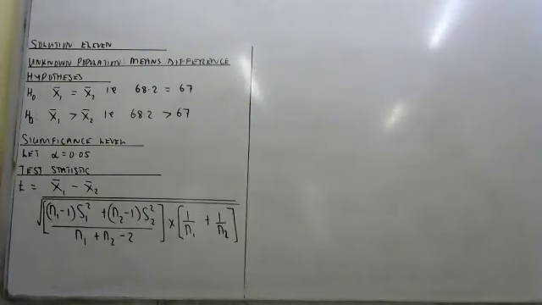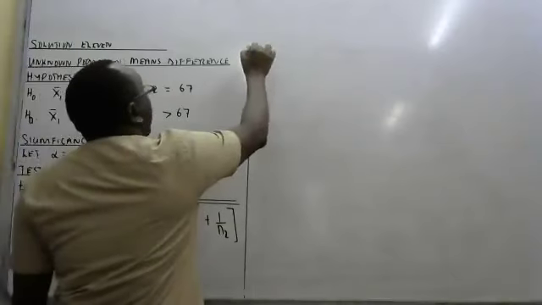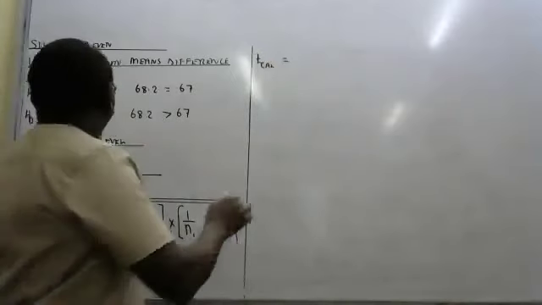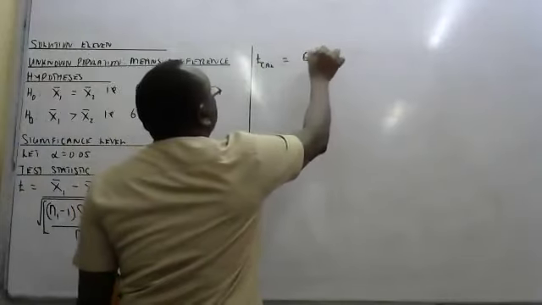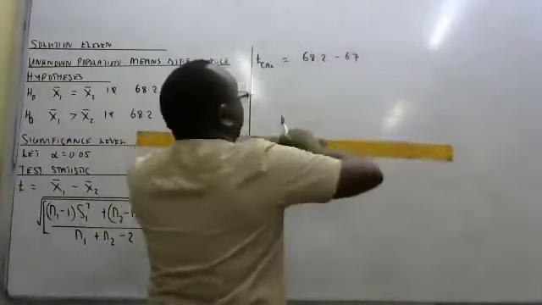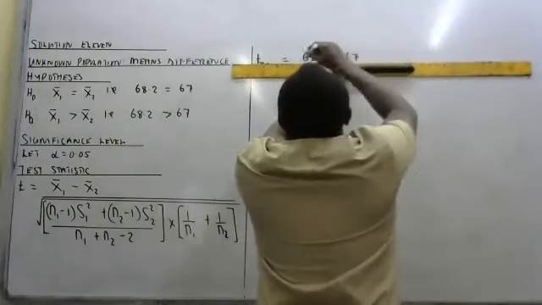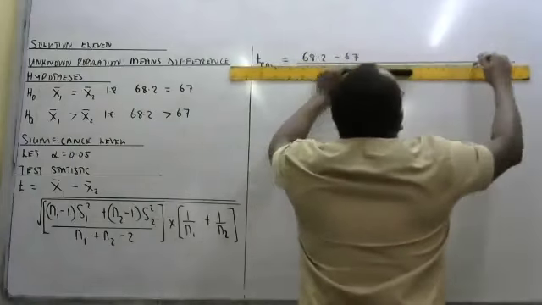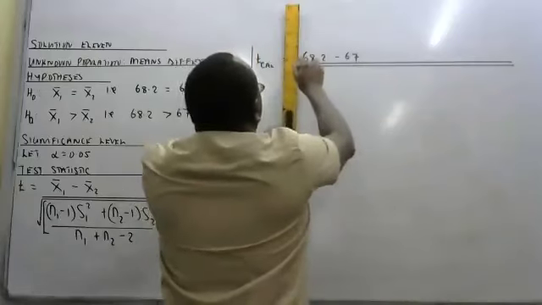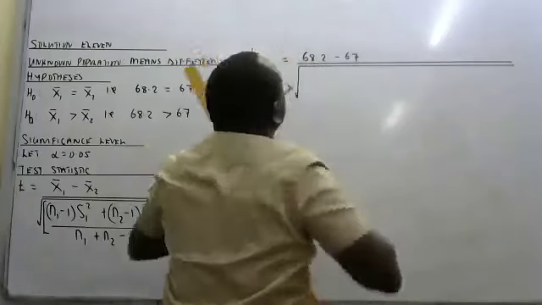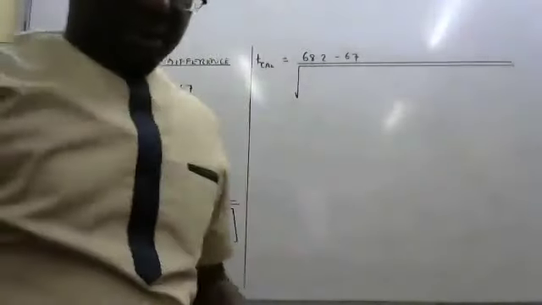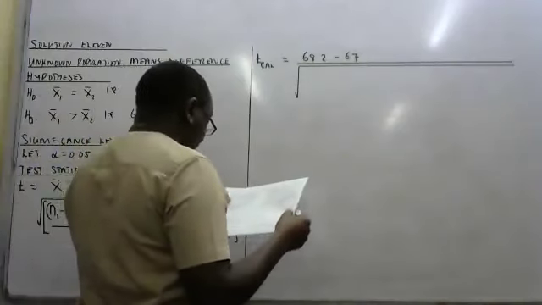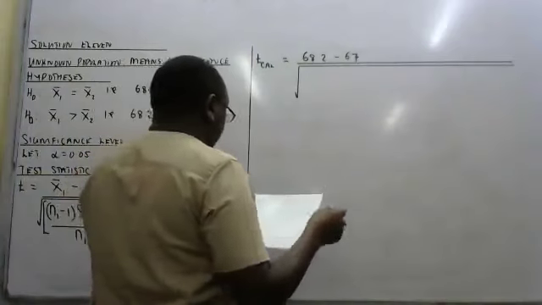The population variance is unknown and we're dealing with the mean difference. So when we come now to substitute, our T calculated will be 68.2 minus 67, divided by the square root of, the first sample had, they are saying 10 samples each.